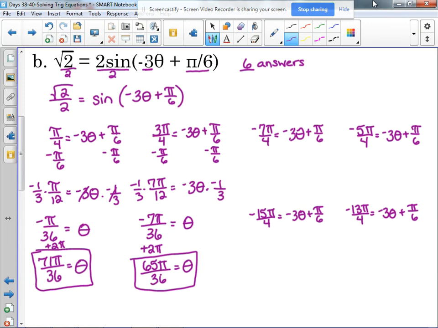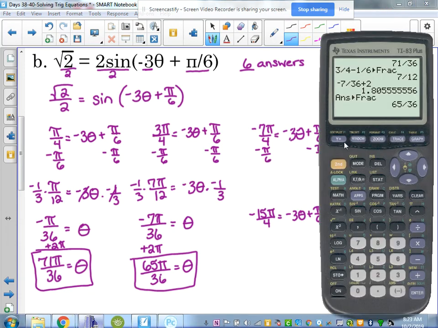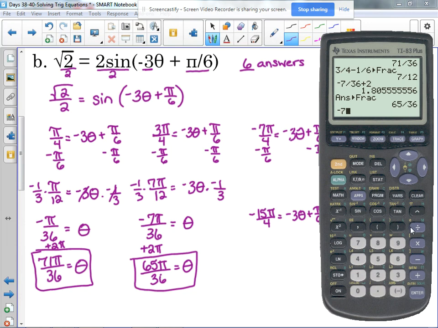Okay, now the other ones aren't going to be quite as lengthy because we went ahead and took care of having to add 2 pi here at the end by making them negative coterminal angles to begin with. So that's good. One less step that we'll have to do with the other 4. So we've got negative 7 over 4 minus 1/6.